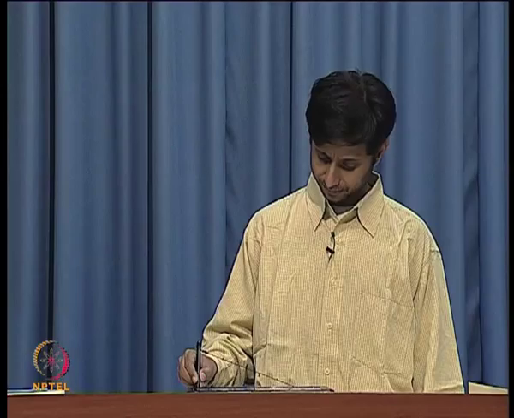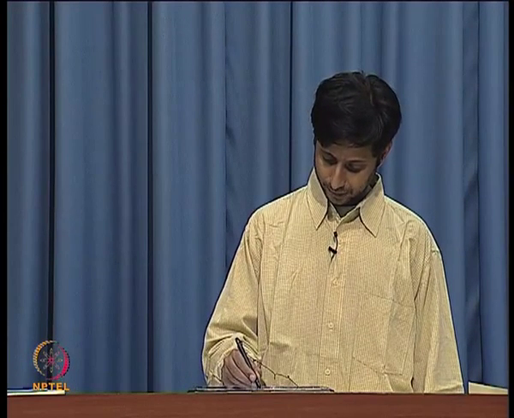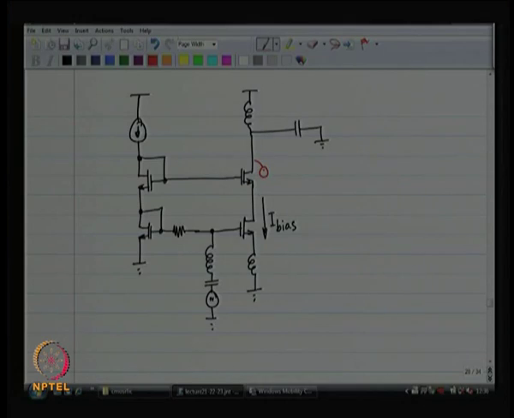Why? What is going to happen? The second noise source, this is a noise source, right. Where is the current going to go? The current can go into this or it can go back through this. The impedance looking downwards is very high, the impedance looking upwards is very low.